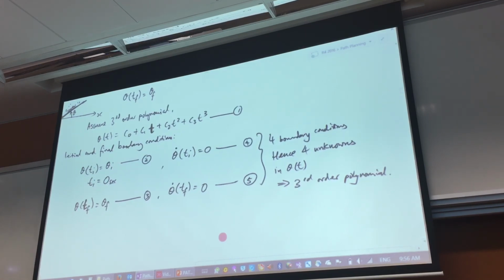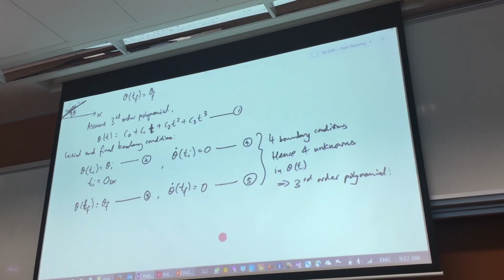So I've seen exam questions before that didn't really tell you what order polynomial to expect. In your tutorial, I think it's given. It says, oh, start with a third order polynomial. So that allows you to know the number of boundary conditions. But sometimes the question is given to you such that it will tell you your boundary conditions in words.